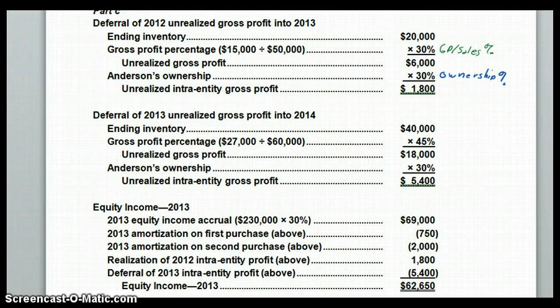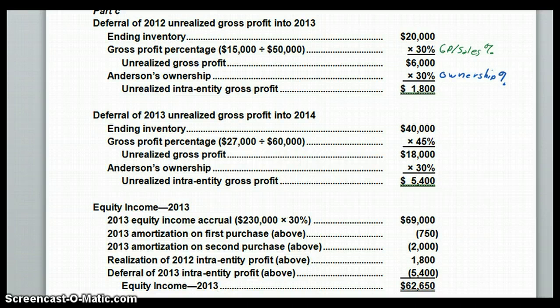So altogether, what happened is there was a sale for $50,000. The sales price to Behringer was $50,000. The cost to Andersen, $35,000. That would mean that there is a $15,000 gross profit. $15,000 divided by $50,000, the gross profit percentage of sales.